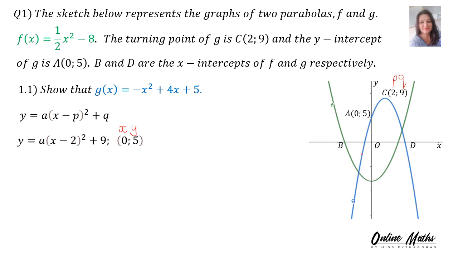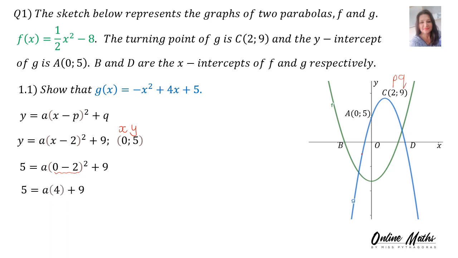So in y's place, you will substitute 5 equals a bracket, and in x's place, you will substitute 0. So then on the right hand side, a bracket 0 minus 2 squared plus 9. Then you will say 0 minus 2 is negative 2 squared is 4.